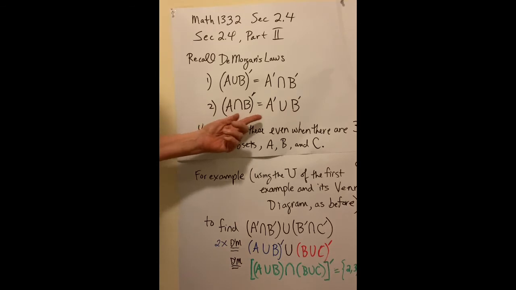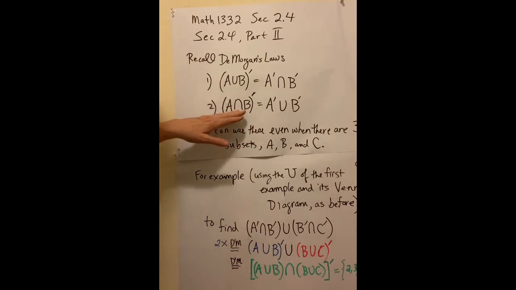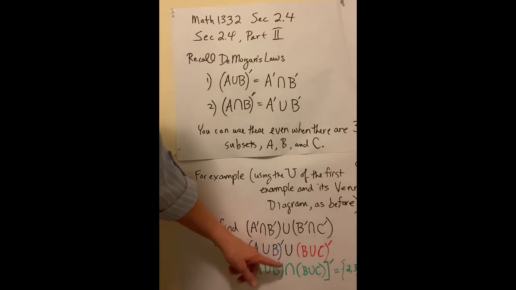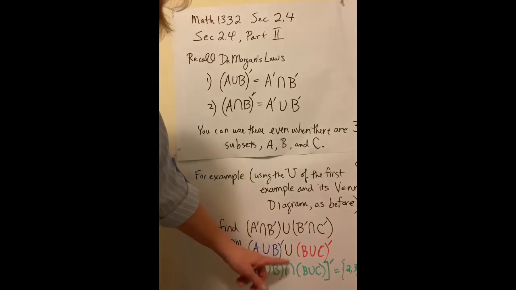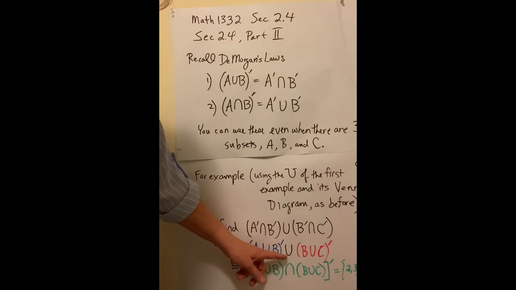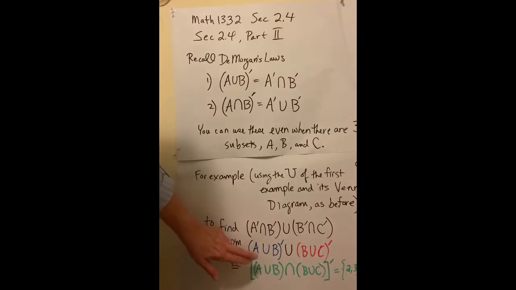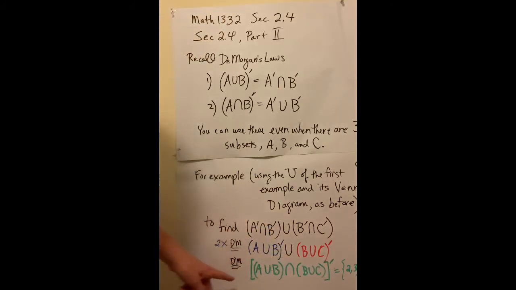According to DeMorgan's laws, you could take a complement all the way out there and affect all three symbols. So going from here to there, I have taken off the complement on A union B. From here to here, I have taken off the complement on B union C. I have turned this union into an intersection. It's all good. This line equals that line as long as I'm taking the complement on the outside of that whole structure.